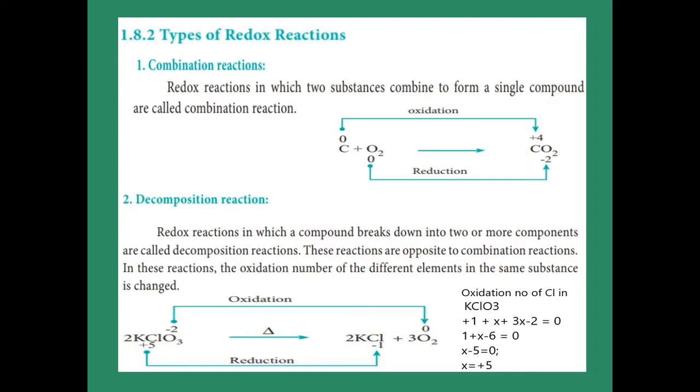And you see that for chlorine, +5 to -1, what is happening there? The number decreases, so it undergoes the reduction process. And oxygen on the reactant side is -2 and on the product side 0, so -2 to 0 means the number increases, it undergoes oxidation. So in this reaction, reduction and oxidation occur together, so it is a redox reaction.